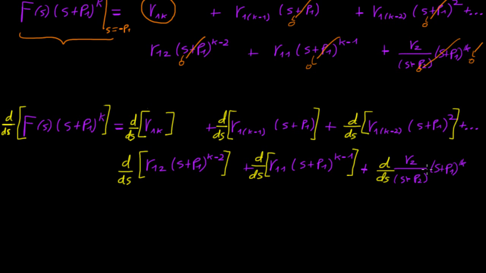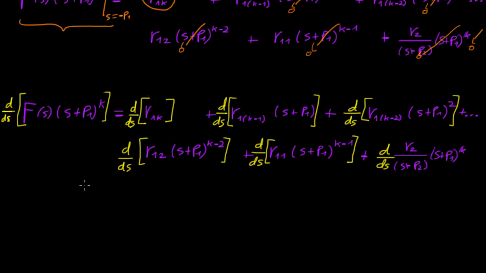The derivative of a constant is 0. The derivative of this term is r1 k minus 1. The derivative of this term is 2 times r1 k minus 2 times s plus p1.